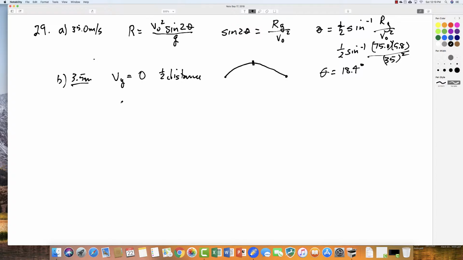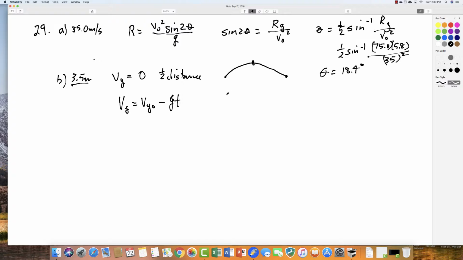So that means that Vy is going to equal Vy0, the initial y component, minus gt. Minus because the gravity is pulling it down.